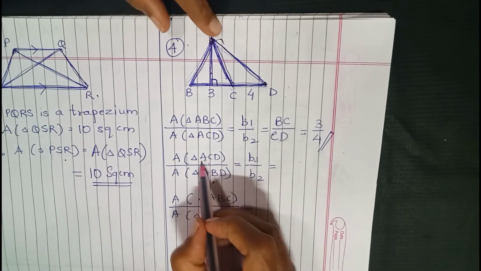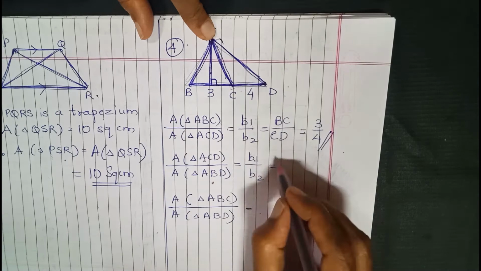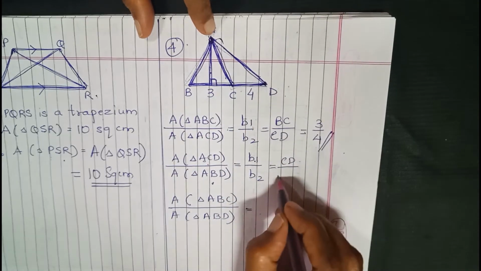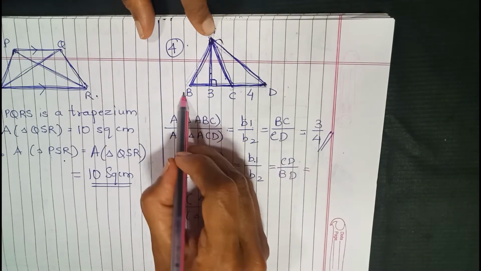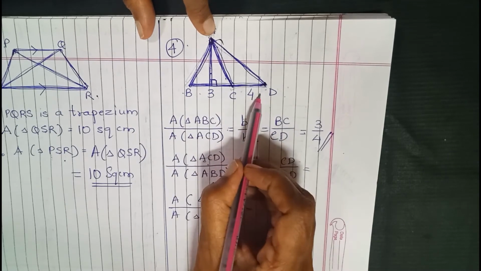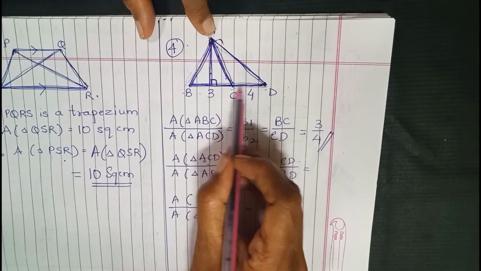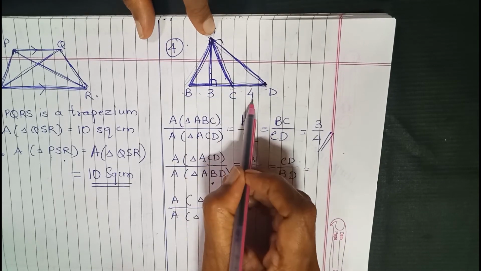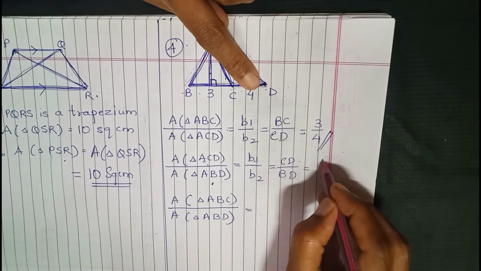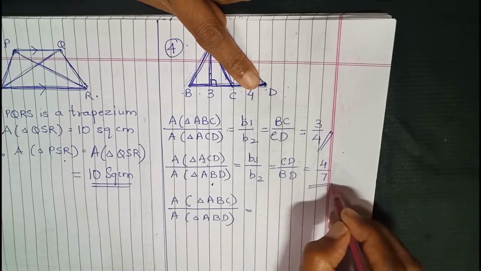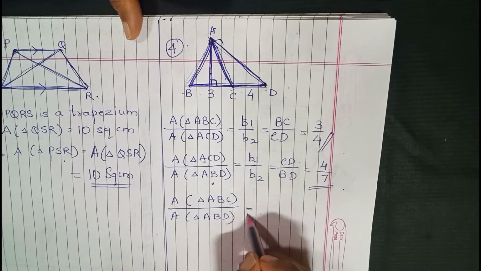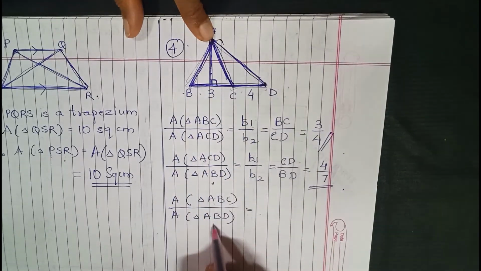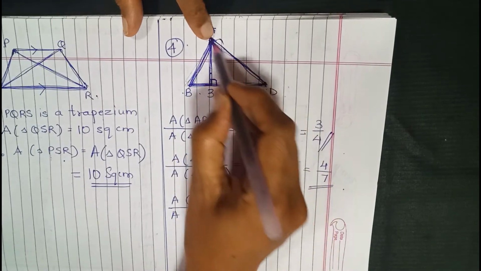Now B1 is the base of triangle ACD, which is CD, and base of triangle ABD is BD. Now BD is not given totally, it is given in two parts. You can see it is made up of two parts, 3 and 4. But we can get BD by adding the two parts, that is 3 plus 4 is 7. So CD is 4 and BD is 7. So I get my answer 4 upon 7. Now let's go to this ABC, that is this small triangle, and ABD, again the big triangle.